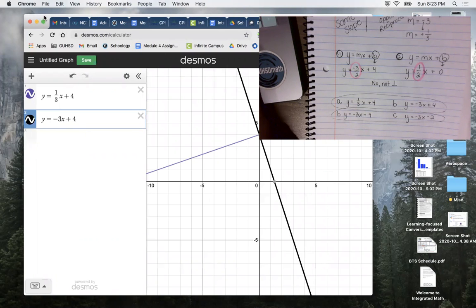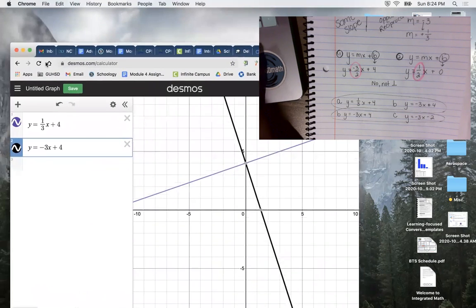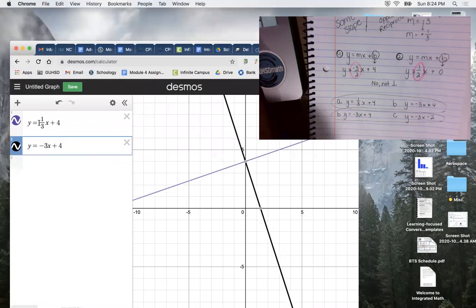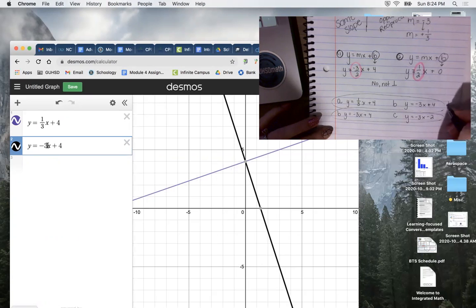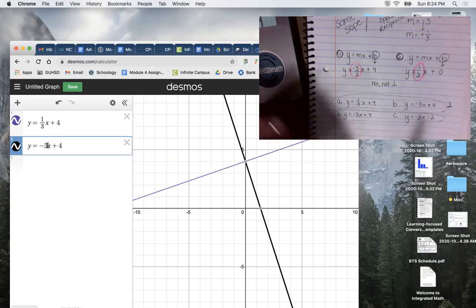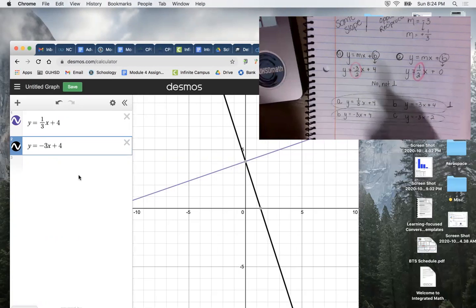Okay, it asks what you notice about this. Well, my slopes are opposite in sign and reciprocal, and 1 over 3 is the reciprocal of 3 over 1. So these 2 lines are perpendicular. When you explain that, you'll say these are perpendicular, or you can take a picture of the graph and just write underneath it perpendicular.